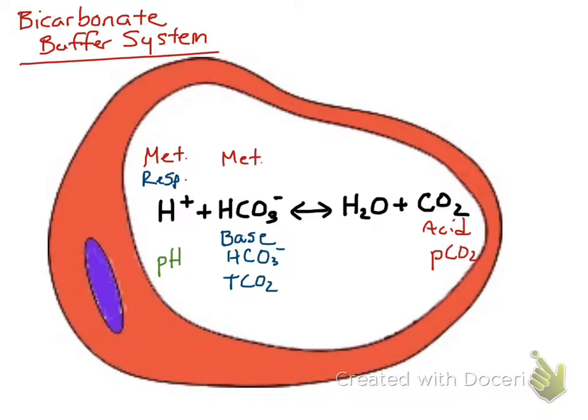The acid, the carbon dioxide, we measure as PCO2, or the partial pressure of carbon dioxide, and for that you need a blood gas analyzer. And this tells us about our respiratory control of the buffer equation. You'll certainly learn more about this equation when I talk about causes of respiratory acidosis and alkalosis.